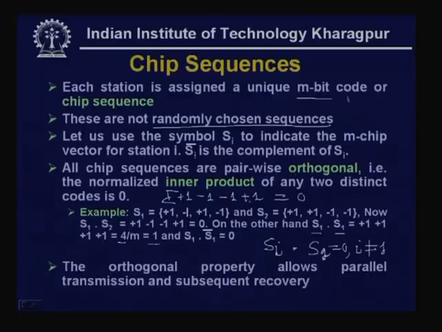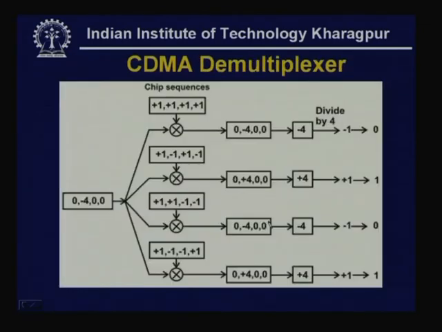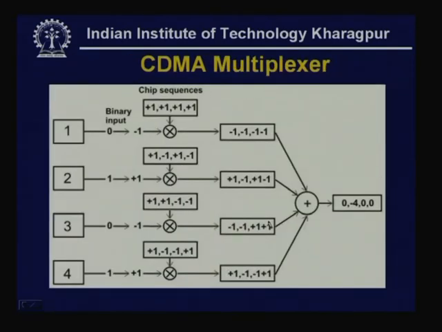Only then is the multiplexing and demultiplexing possible. In other words, simultaneous transmission and subsequent recovery at the receiving end is possible only when this orthogonal property is satisfied. As I mentioned, the orthogonal property allows parallel transmission and subsequent recovery at the receiving end, and I have already explained how exactly it is done with the help of these two diagrams.